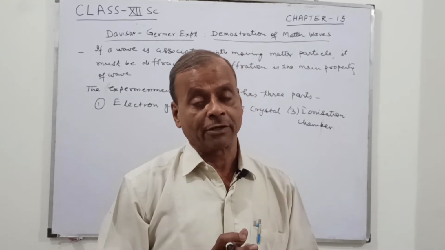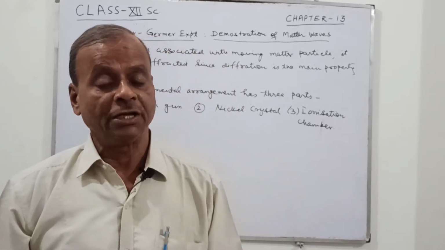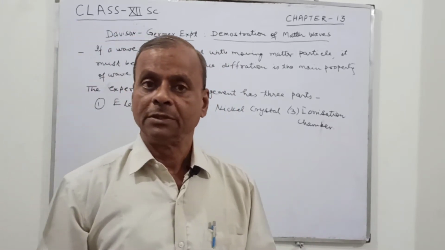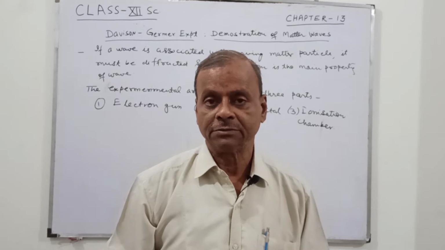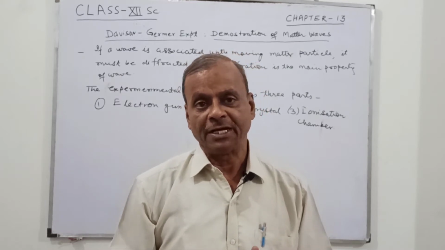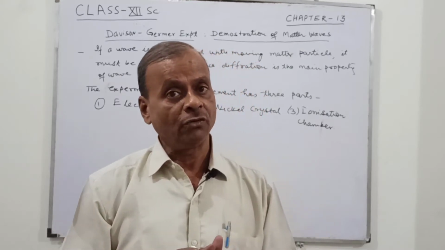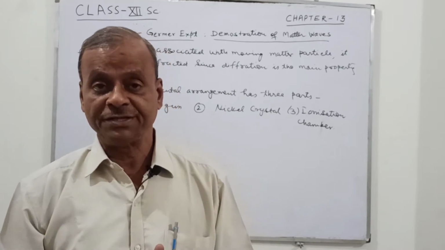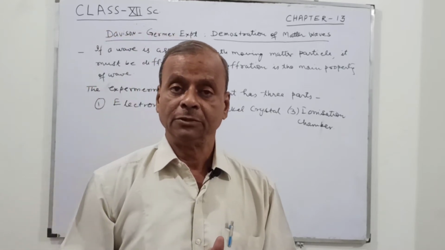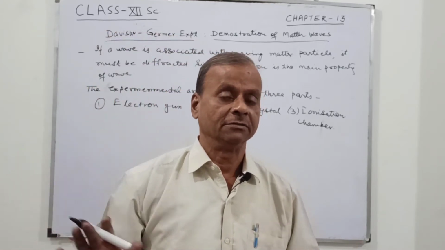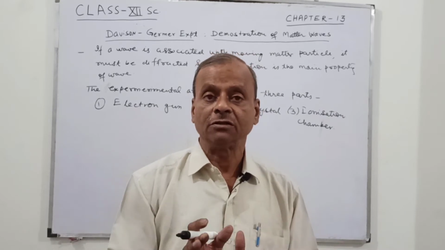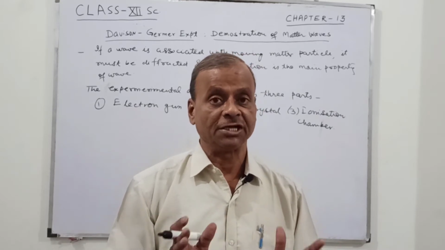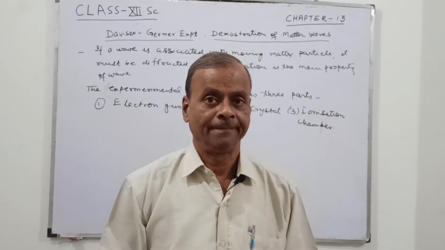The electrons are emitted thermionically from a filament, then they pass through a very fine hole, and a potential difference is applied across the beam, so electrons are accelerated. This arrangement is called the electron gun.